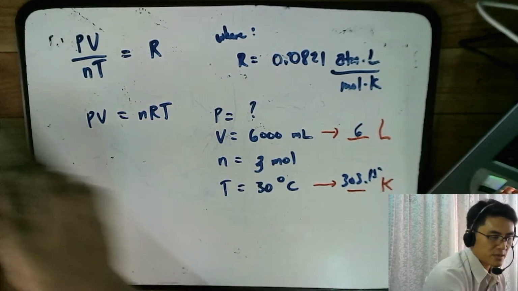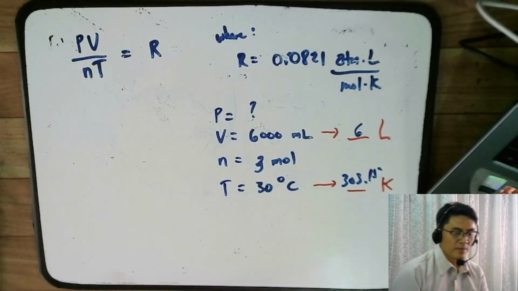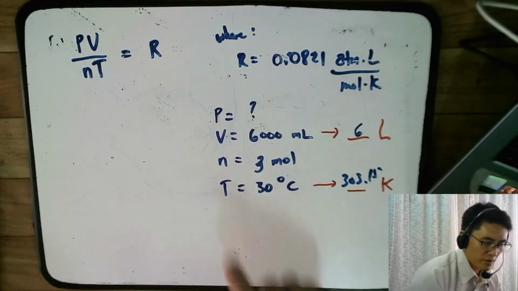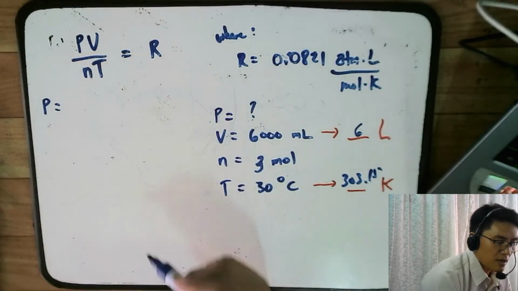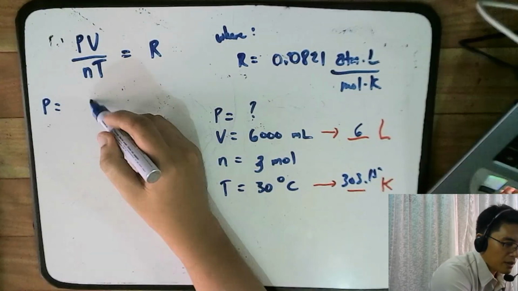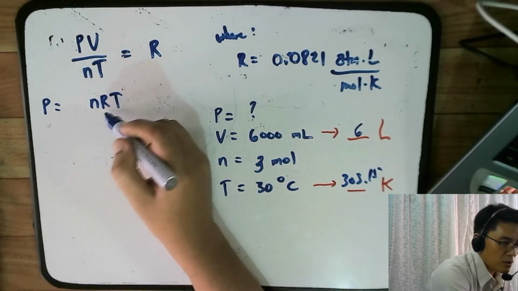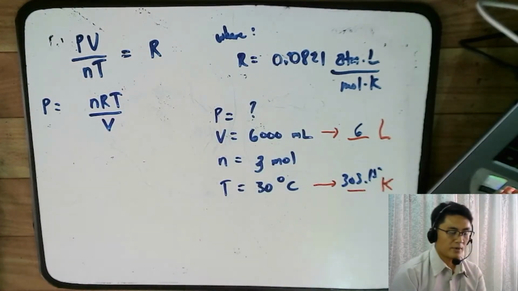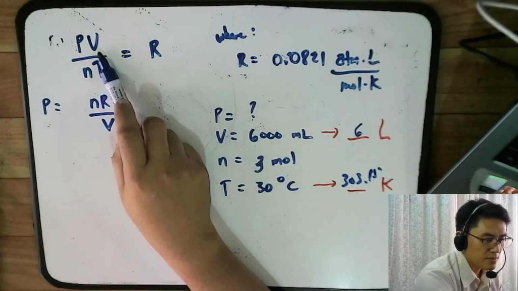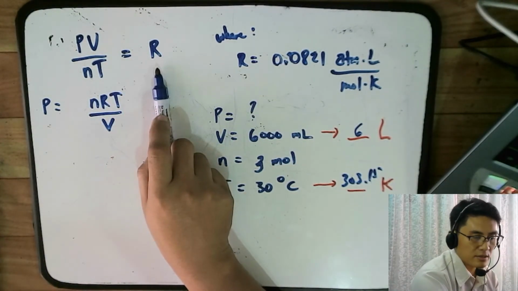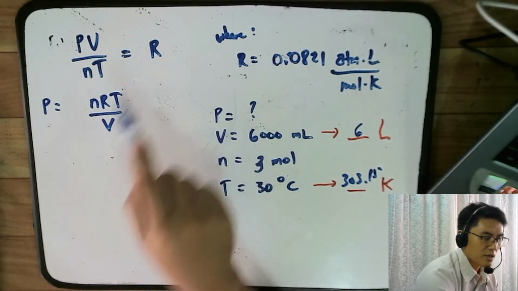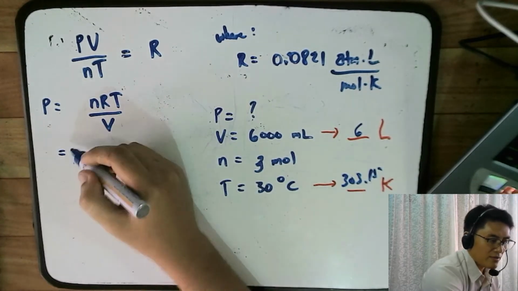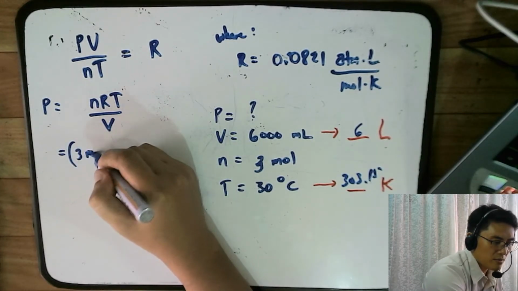Okay? So now that you have that, obviously you are going to solve for it. So let me just use this space here, right? And then you say, well, I'm solving for P. So let me change everything here, and that would be P is equal to nRT over V, right? See, the V must be transferred to the other side, the denominator. This n must be transferred to the numerator on the other side. So that's it. So now you have the number of moles, which is 3 moles.